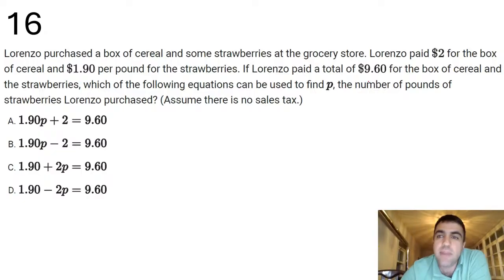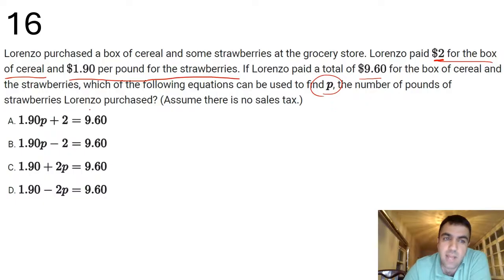Lorenzo paid $2 for the box of cereal and $1.9 per pound for the strawberries. If Lorenzo paid a total of $9.6 for the box of cereal and the strawberries, which of the following equations can be used to find P, the number of pounds of strawberries Lorenzo purchased? Assume there is no sales tax.